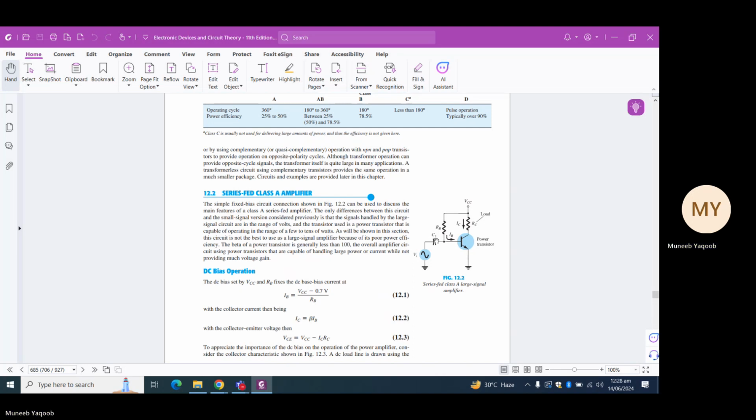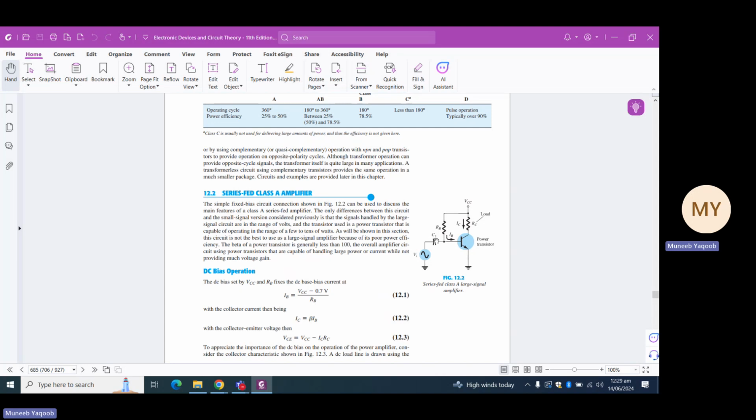Now, after calculating the input current, that is the base current, we can easily find the output current, that is the collector current, using the basic relation: the collector current IC equals beta times the input current, or the base current IB.